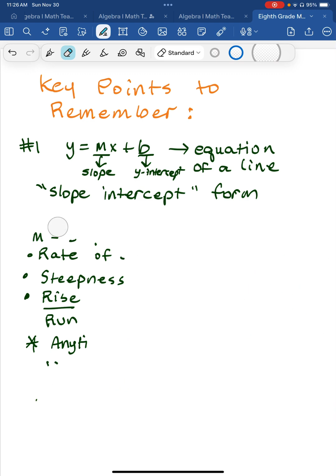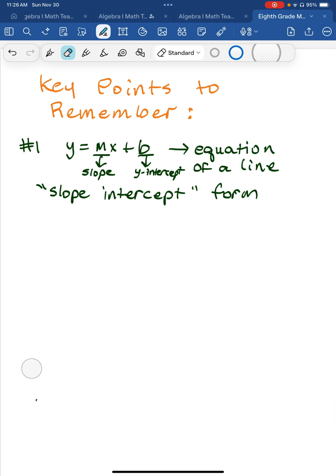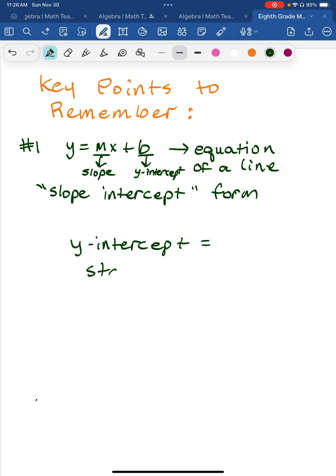So the y-intercept is our starting point, or the beginning.